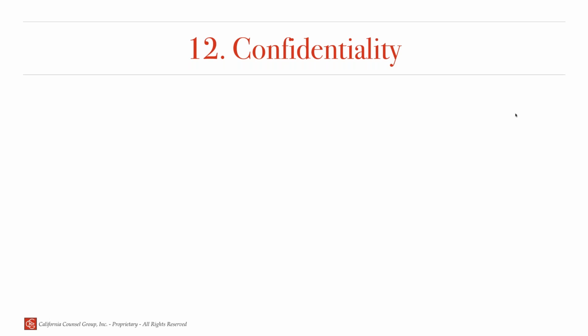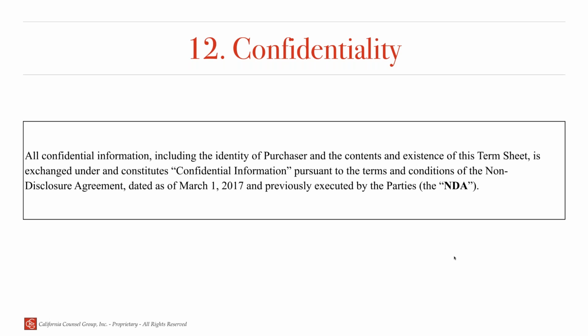Confidentiality, another binding provision. As we outlined at the beginning of the process, hopefully there's an NDA in place. This is now the time, oftentimes that NDA maybe is 3 or 6 months old. We want to dust off that NDA and make sure it still works. Obviously, from the company's point of view, prior to signing the term sheet, it may have provided some high-level financial information.